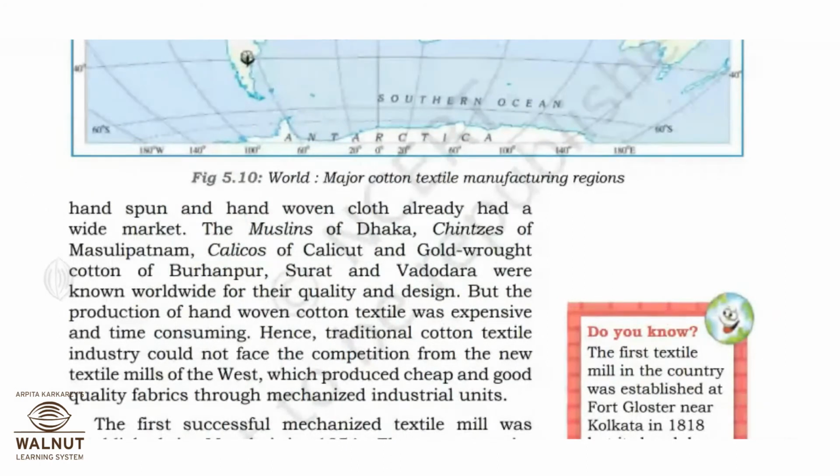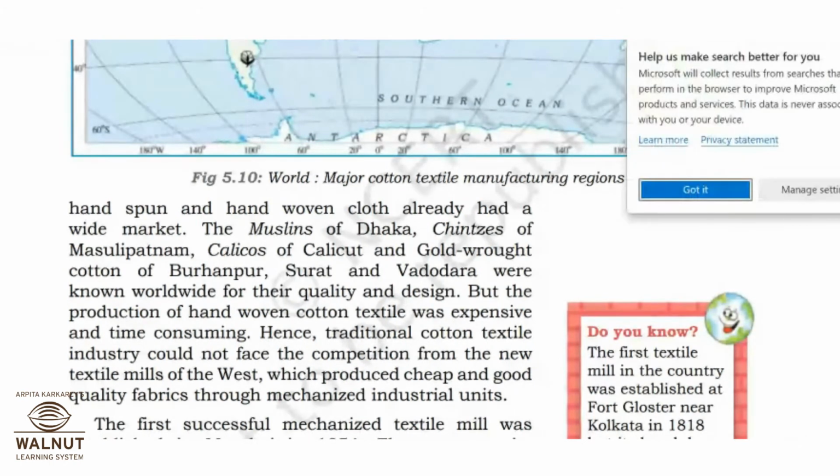The muslins of Dhaka, chintzes of Masulipattnam, calicos of Calicut, and gold wreath cotton of Burhanpur, Surat, and Vadodara were known worldwide for their quality and design. Vadodara is today's Baroda.